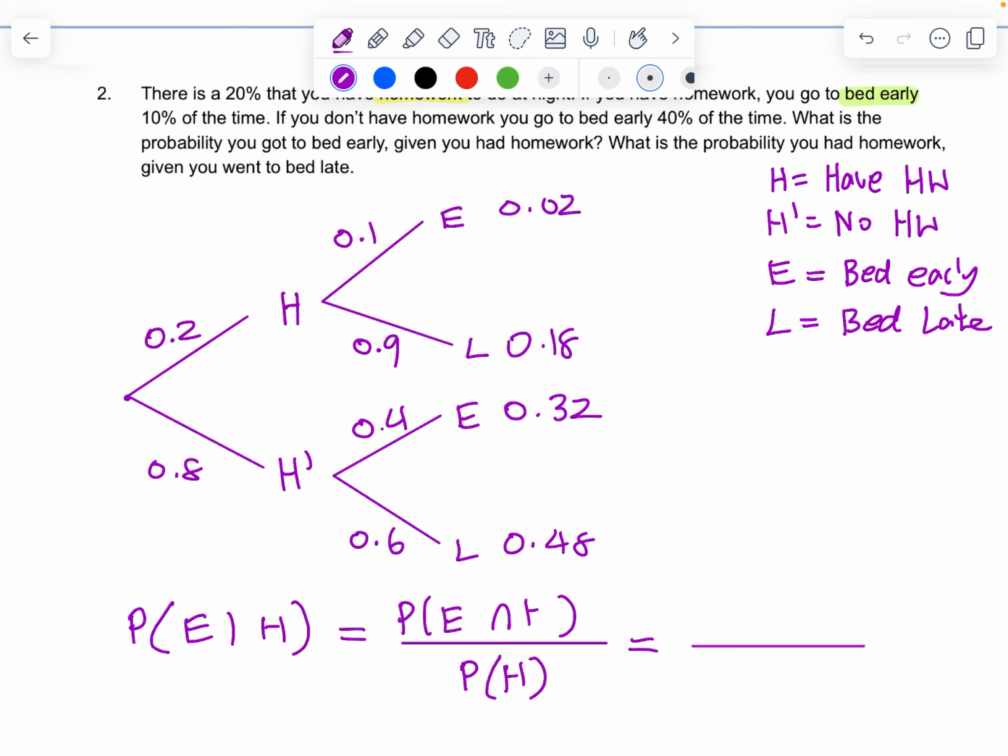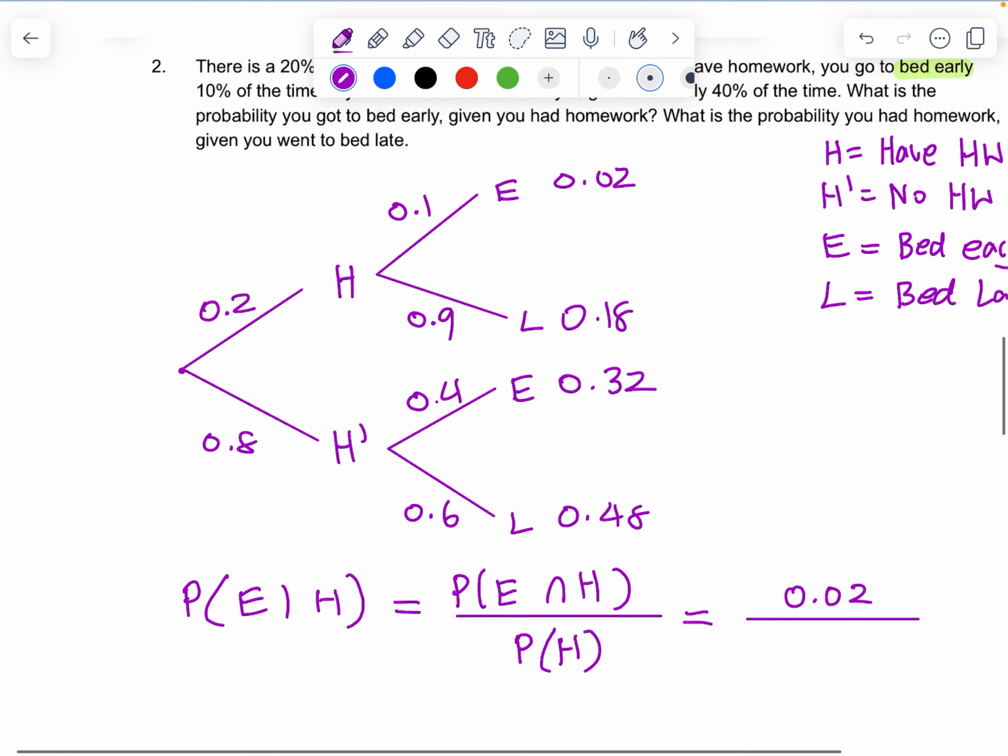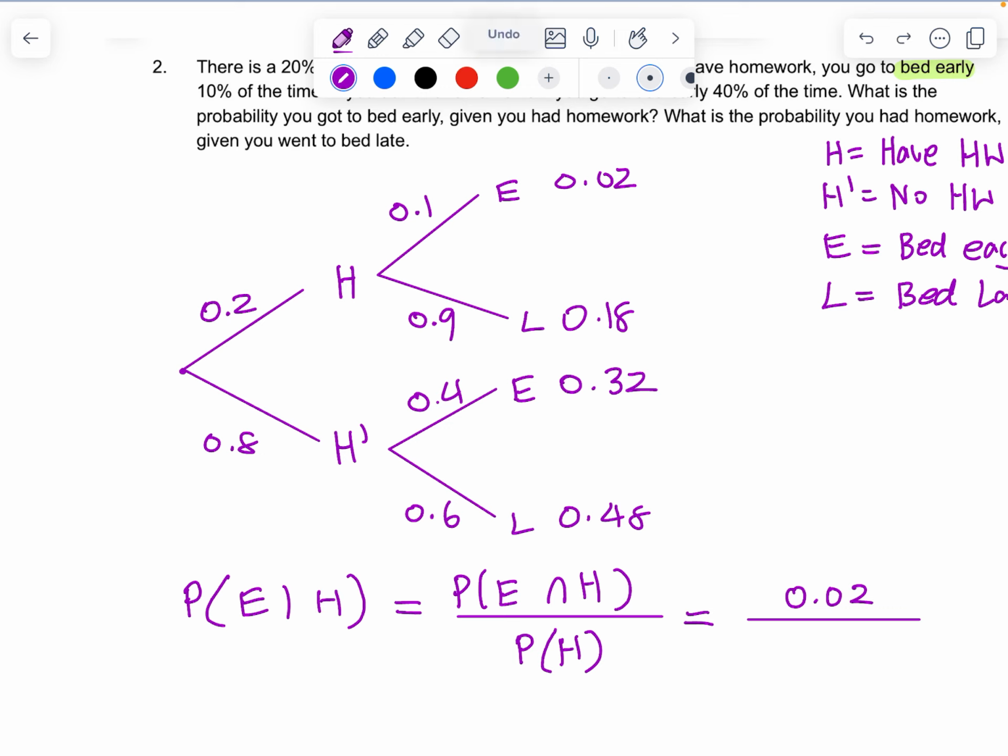I meant H. The probability that you sleep early and you had homework was 0.02, right? So 0.02 divided by the probability of H. The probability that you have homework was 0.2, right? So 0.02 divided by 0.2, you get 0.1.